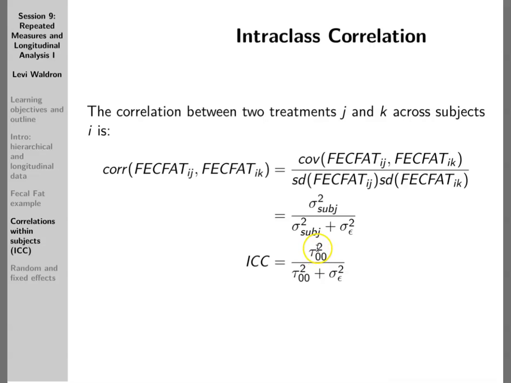And you may also see this written instead as tau instead of sigma, and tau 0 for the subject, or group level variation, and epsilon for the residual variation.